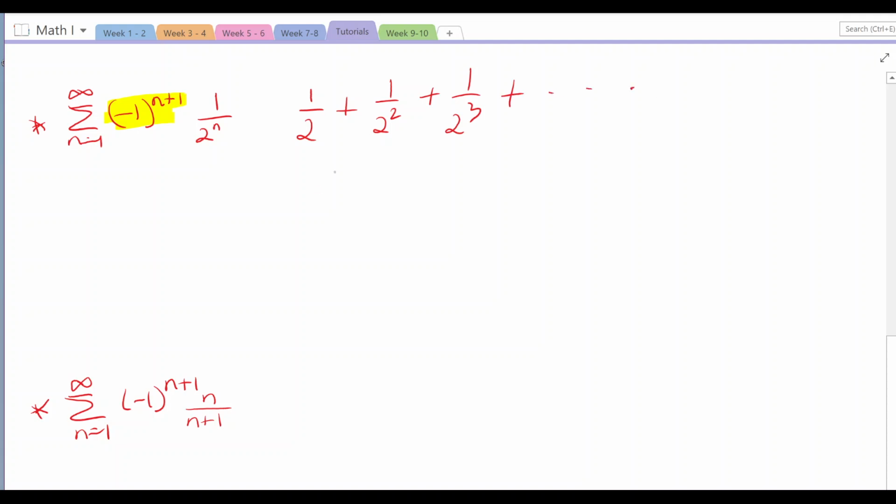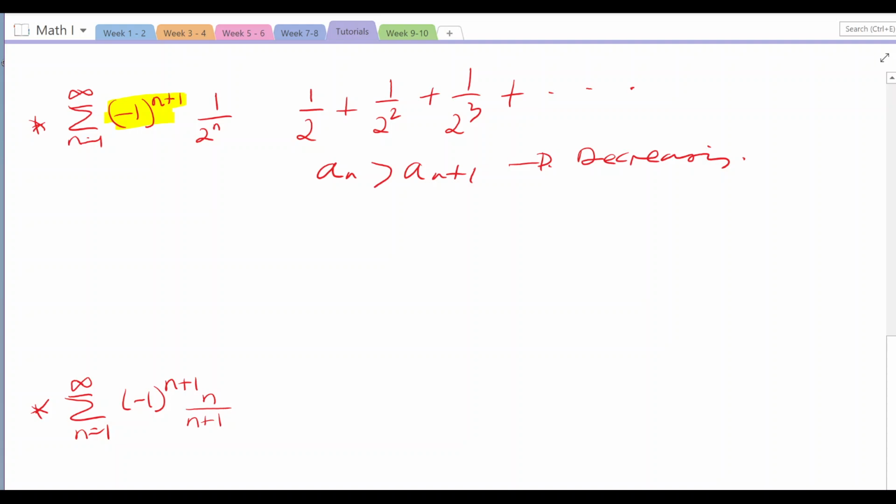Therefore in this case a sub n is greater than a sub n plus 1, and the terms are positive and decreasing.